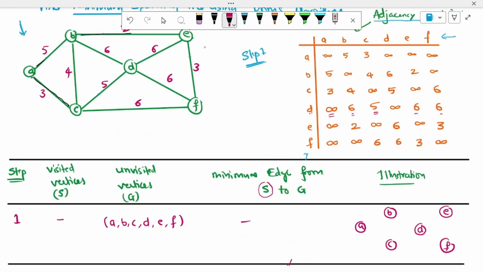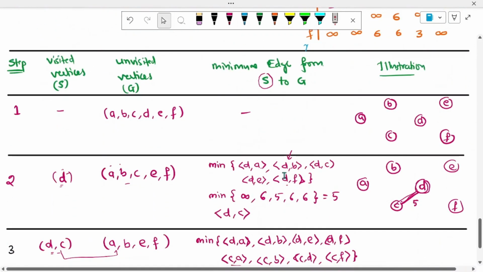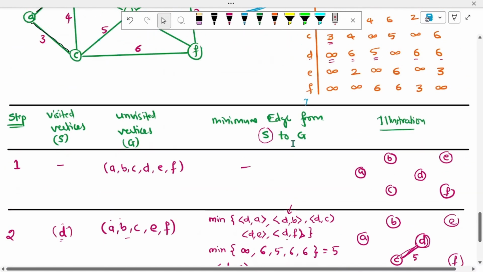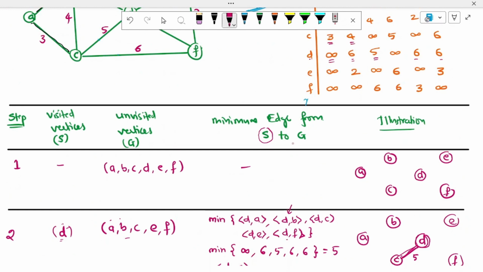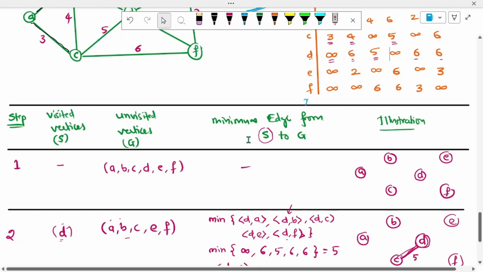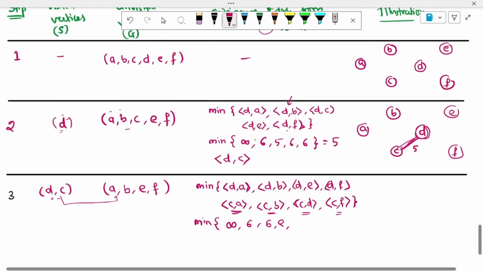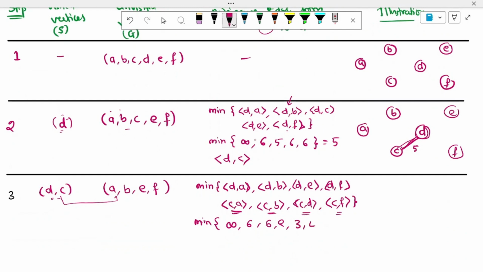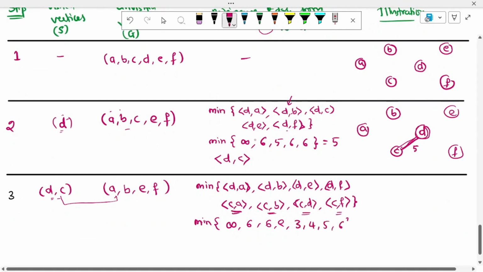So CA is 3, CB is 4, CD is 5 and CF is 6. So it's going to be 3, 4, 5 and 6.